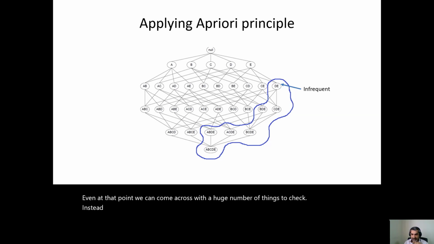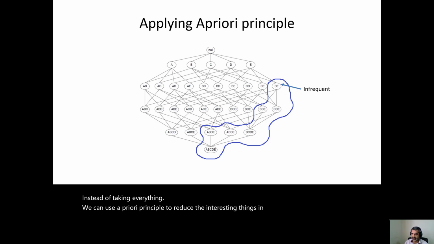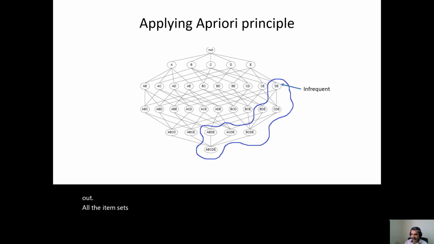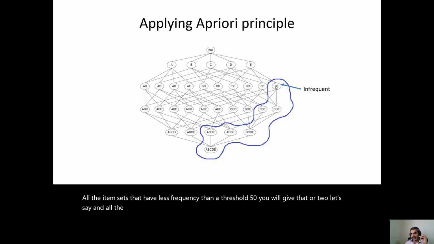Instead of checking everything, we can use the a priori principle to reduce the uninteresting item sets. So we can say our interesting frequency is, let's say, 50 or 10 or 100. So we want to filter out all the item sets that have less frequency than a threshold, 50, or 2, let's say. And for all the item sets, if their subset is infrequent, their supersets will be infrequent as well.